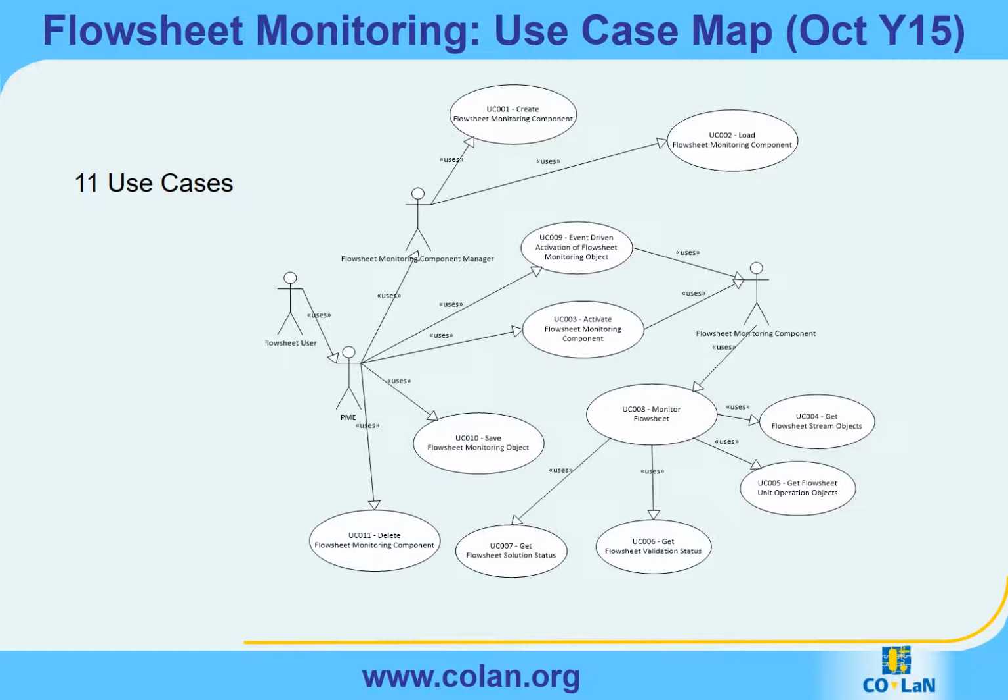You can save it, delete it from the flow sheet. The monitoring component can then monitor the flow sheet, which allows it to get the solution status for the flow sheet. These two, solution status and validation status for the flow sheet, are new enumerated types that are being added to the specification.